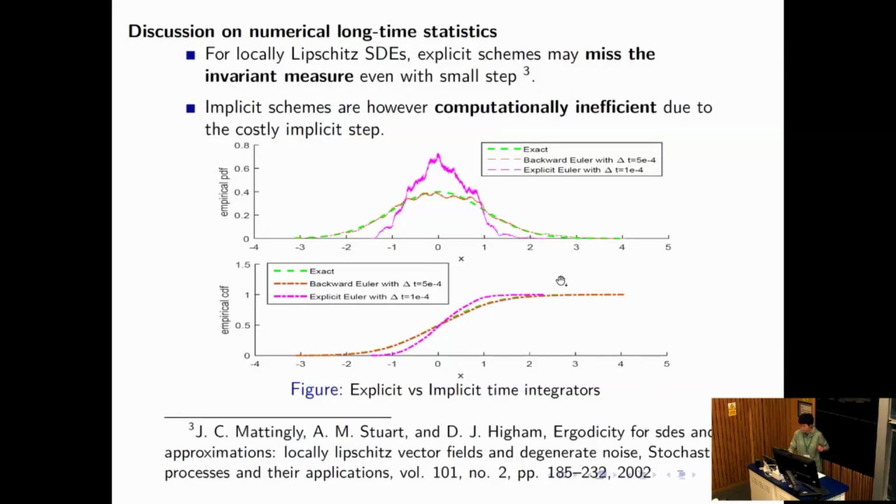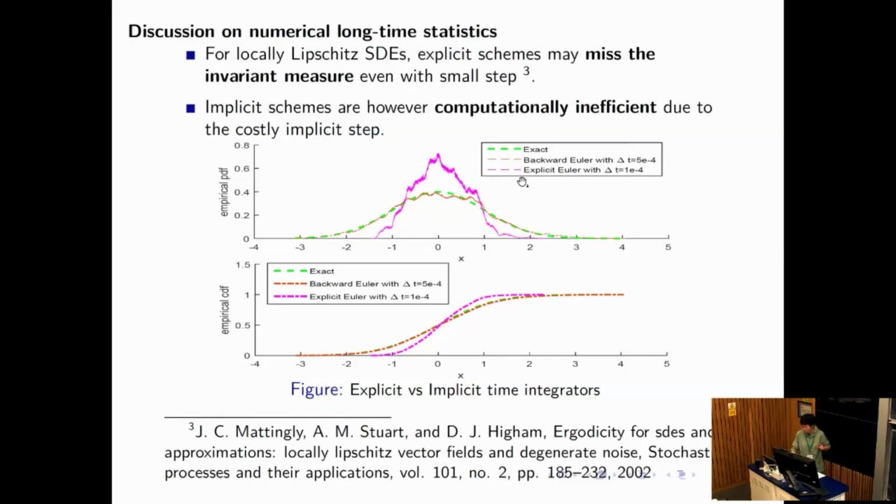And here's a very easy cartoon. The green curve is the exact PDF, and sorry, the colors are confusing, but the pink one is the implicit backward Euler method with time step 5 times 10 to the negative 4.